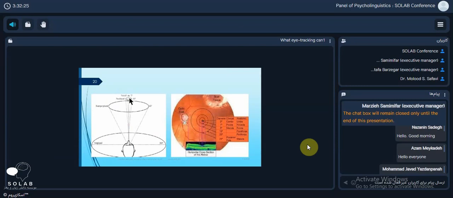This small circle is the fovea, and this is the span of your eye's spatial search, about 16-degree visual angle, one visual angle, and about 2 to 3 visual angle.